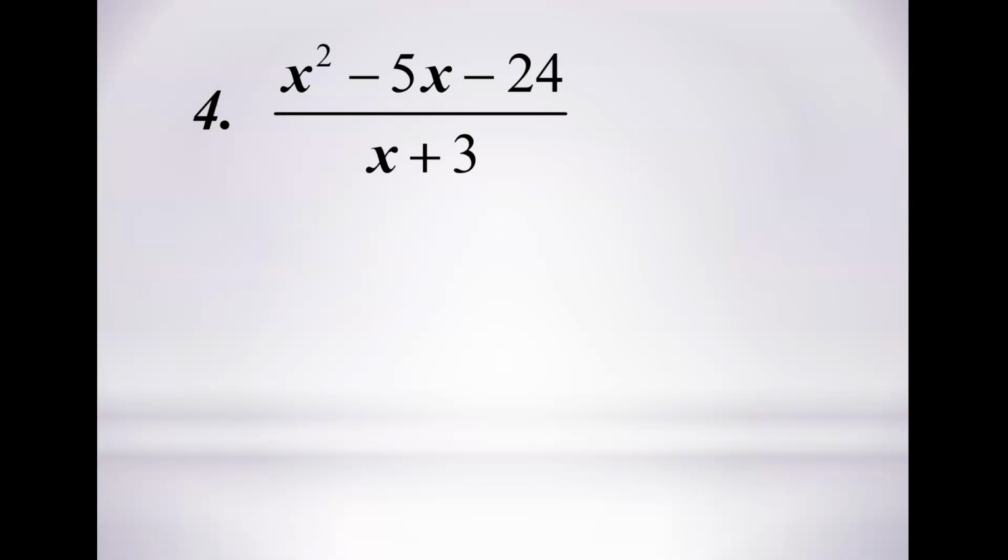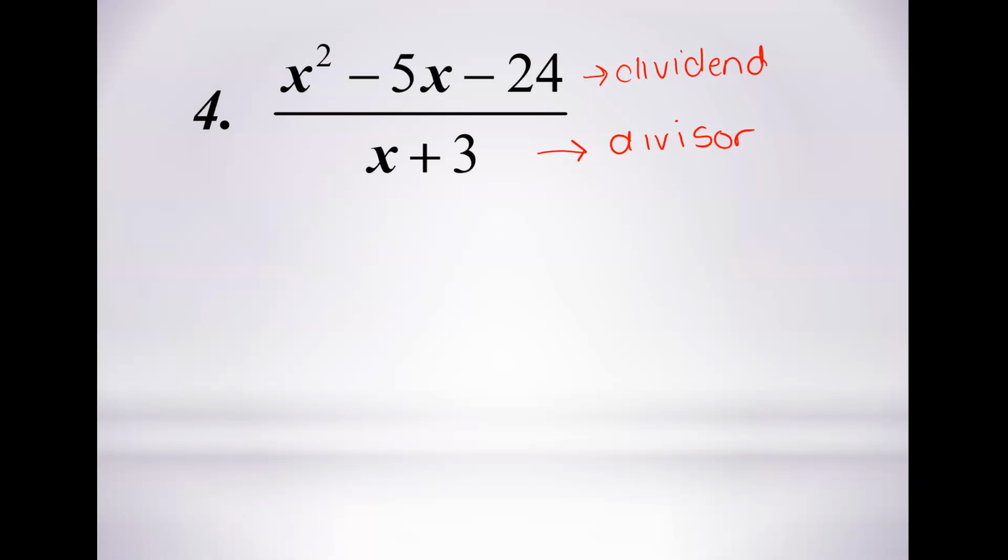We'll talk first about what each of those parts is. So again, the top is what we call the dividend. The bottom is what we call the divisor. And then our answer will be the quotient plus the remainder.